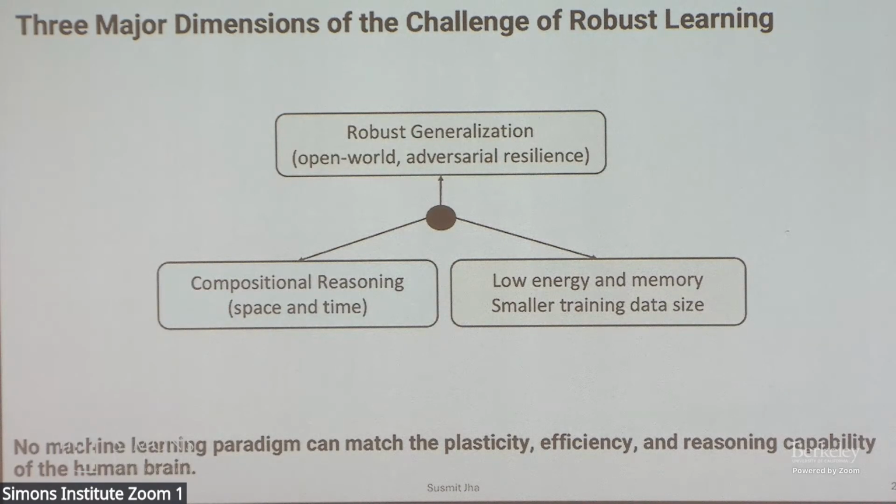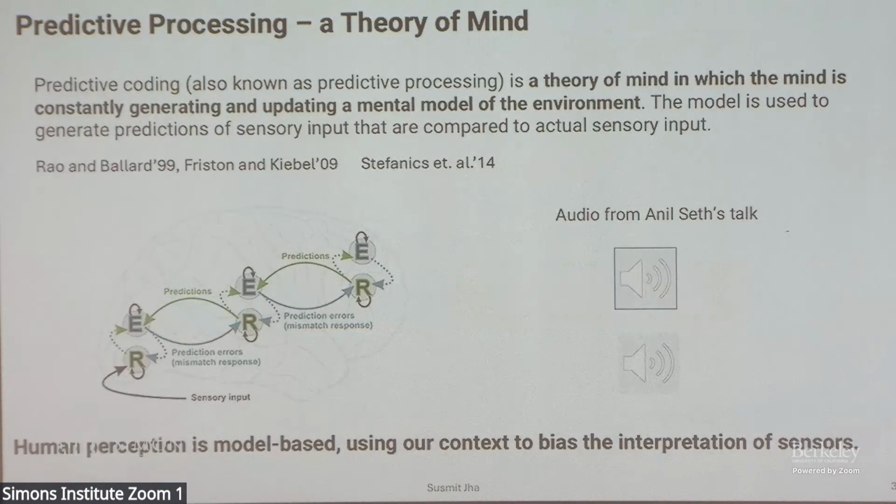We are plastic enough to be able to very quickly adapt to all the situations. We have the capability to do reasoning, and we are very energy efficient compared to what these models are. So what we have been trying to do at SRI is to look at this kind of inspiration from how the human mind works and think about how we come up with an architecture of AI which can possibly have all these 3 characteristics.